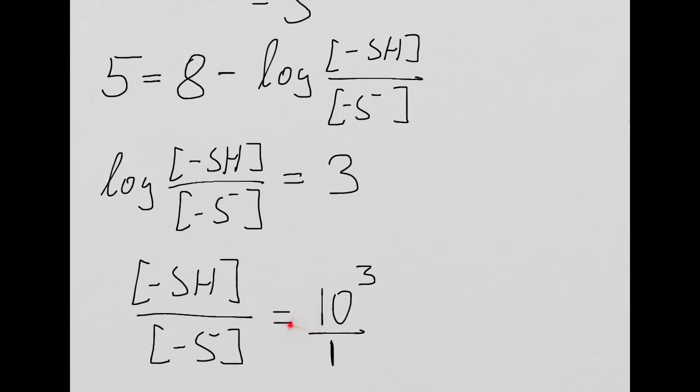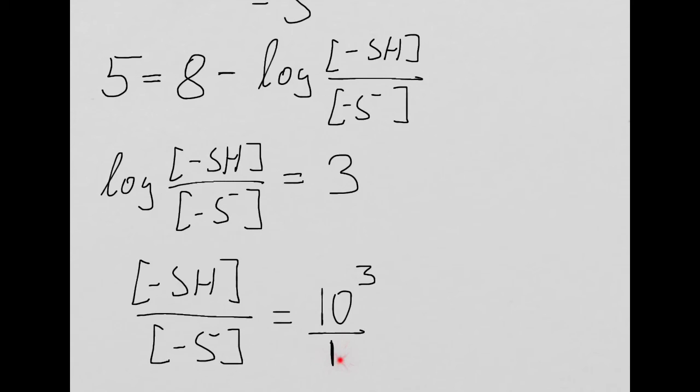And you take both sides 10 to the power of to get rid of the log. So you have acid over the base concentration equals 1,000 to 1. So 1,000 molecules are in the acid state, in the SH state, and 1 molecule is in the base state. Does that make sense?